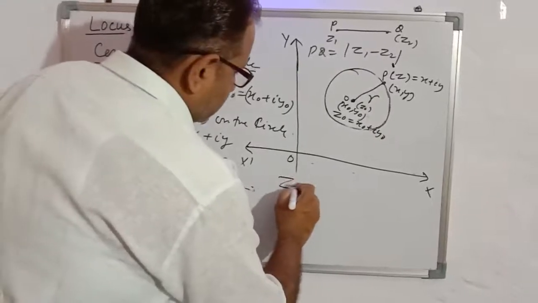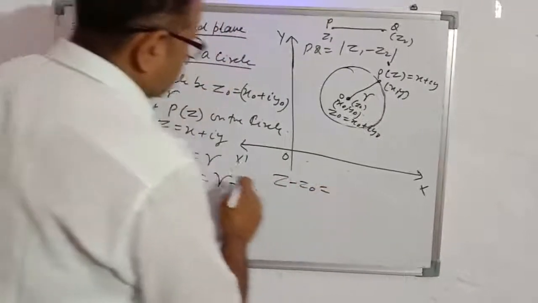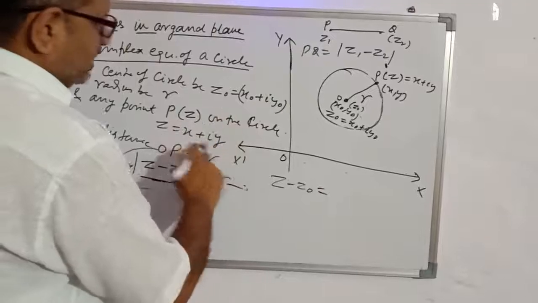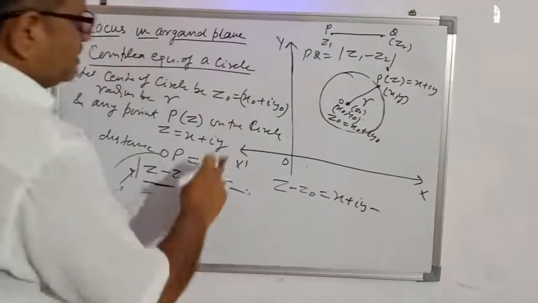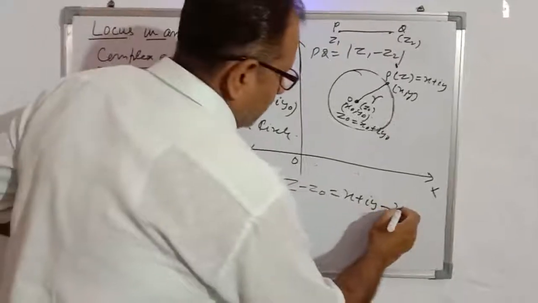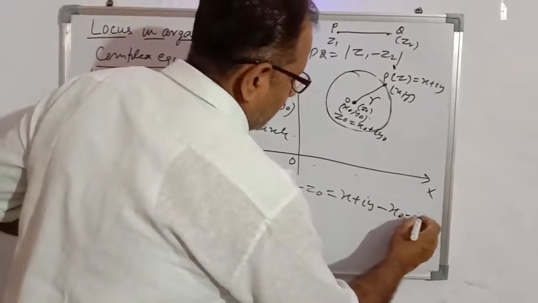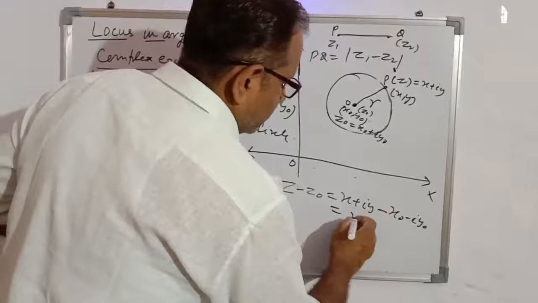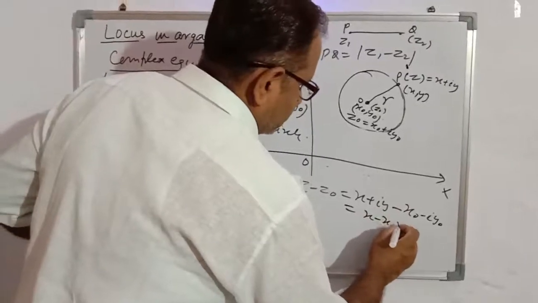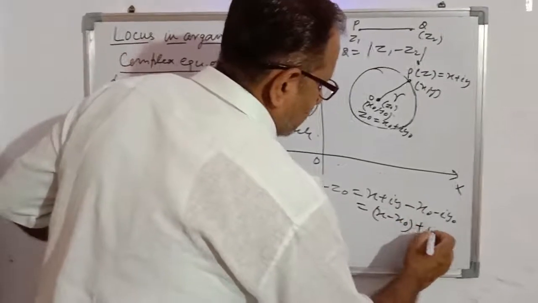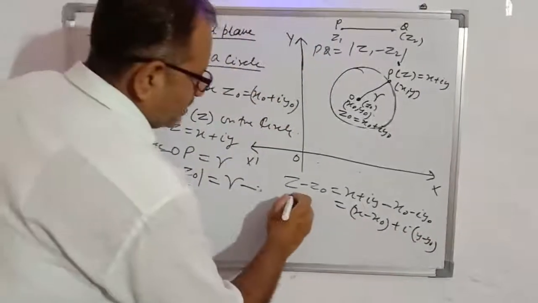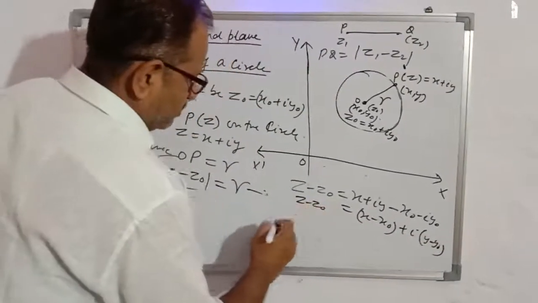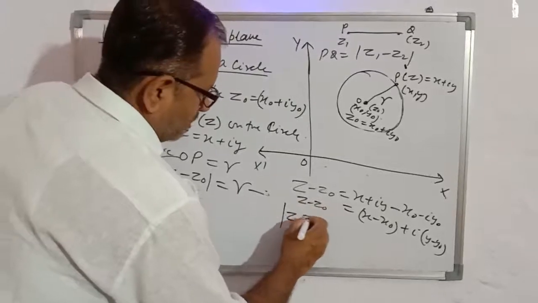We know that z minus z0, where z is x plus iy, minus z0, which is x0 plus iy0. So we can write it as (x minus x0) plus i times (y minus y0). This is z minus z0. What is mod of z minus z0?